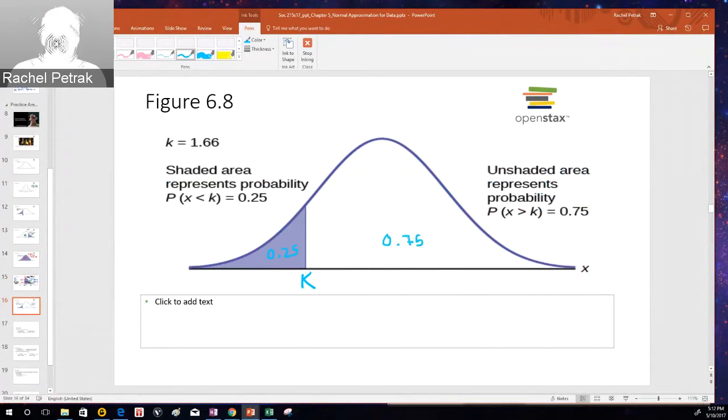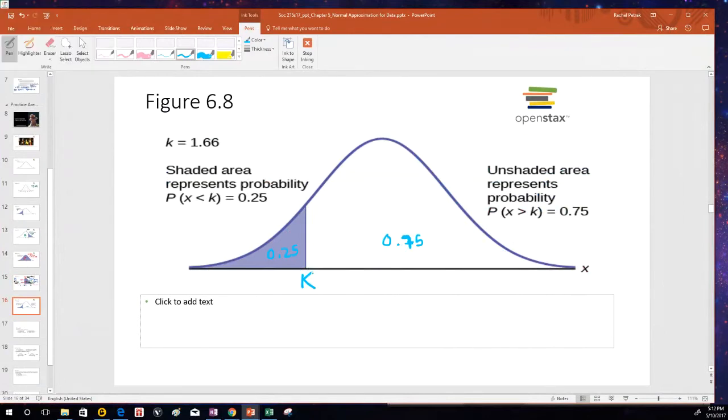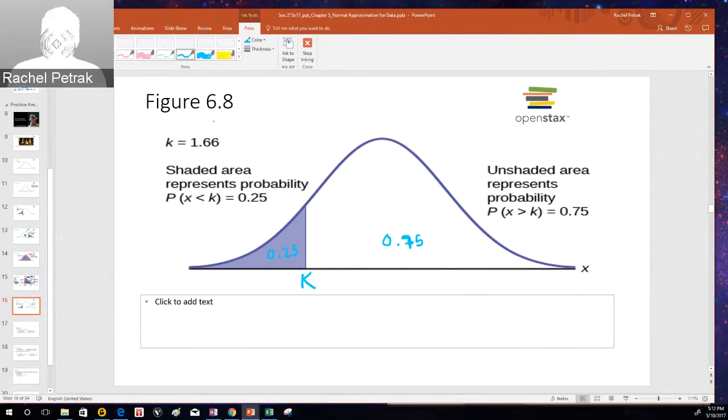The probability that a randomly selected person has a score... well, this is obviously not K if K is 1.66. I'm not sure. Let me see.